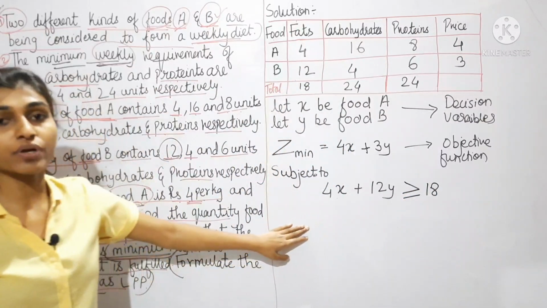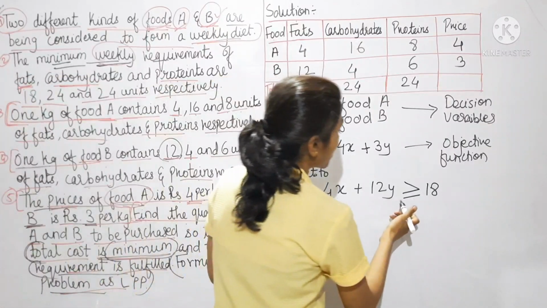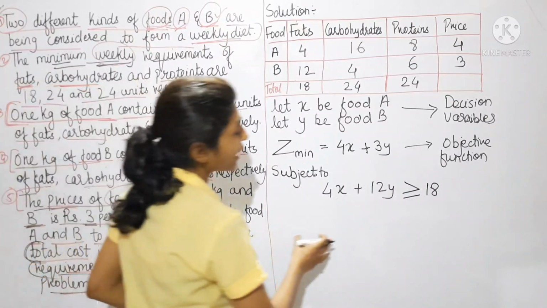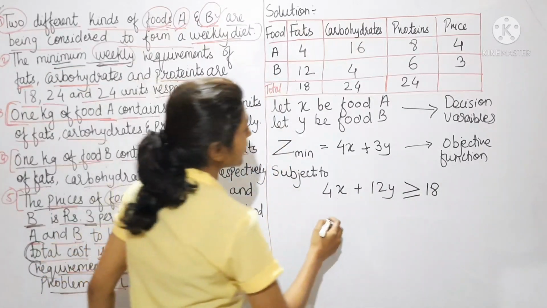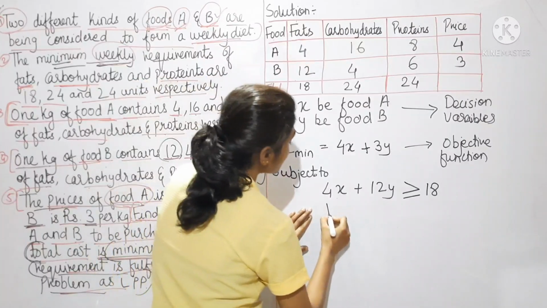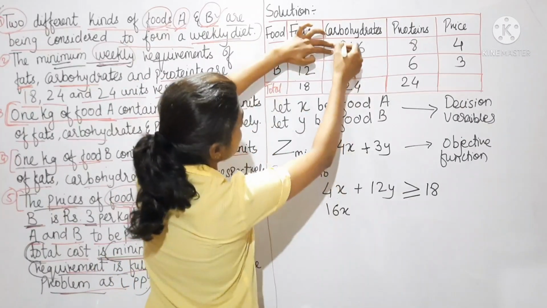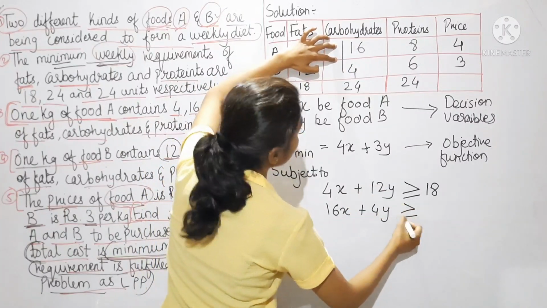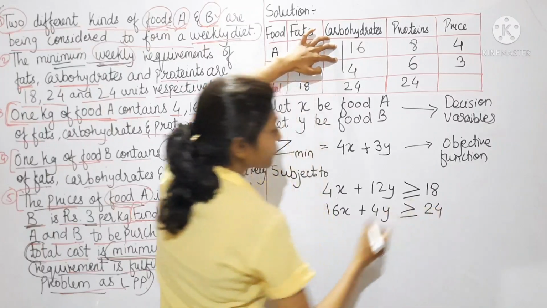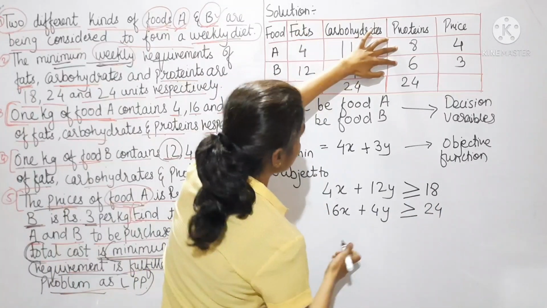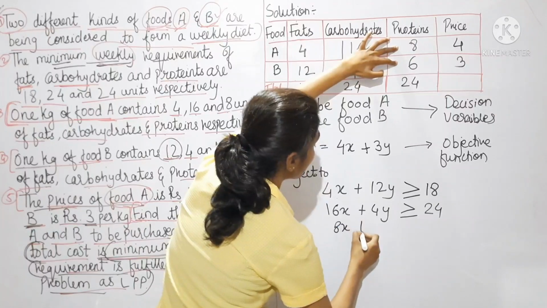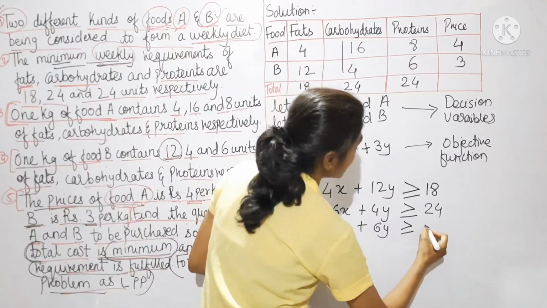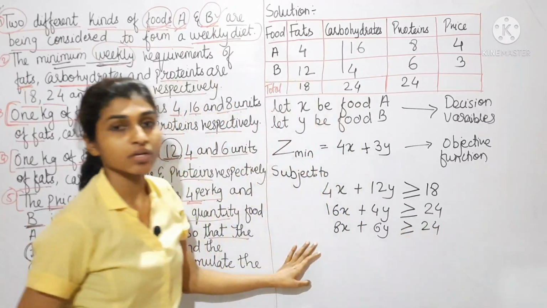We have to fulfill the requirement in this. Next constraint, carbohydrates: 16x plus 4y greater than or equal to 24. Next is protein: 8x plus 6y greater than or equal to 24.